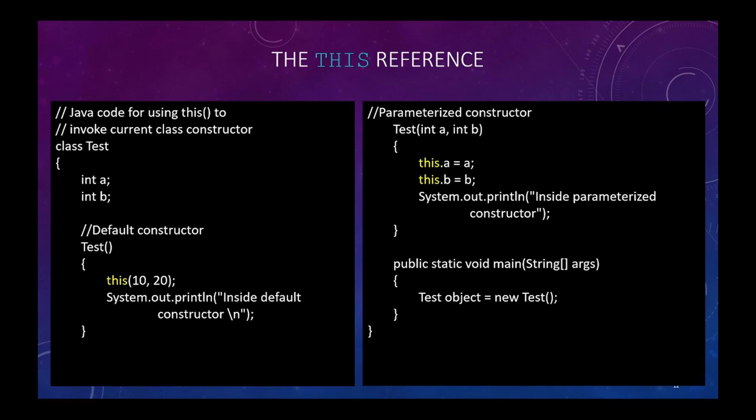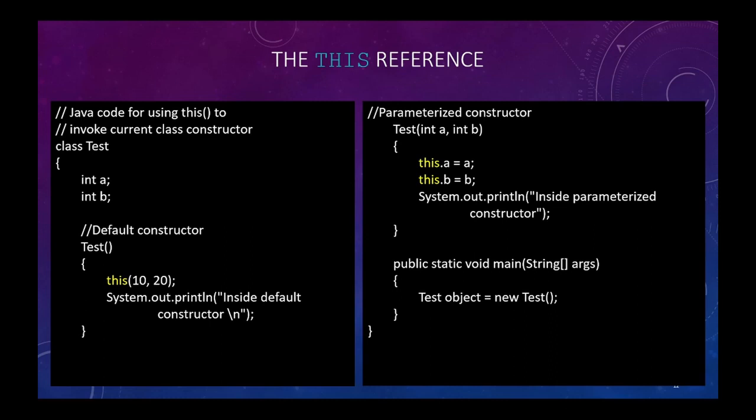The default constructor calls this with the values of 10 and 20. What that actually does is it's going to invoke the constructor that takes 2 parameters that are integers. So it's going to actually invoke the parameterized constructor that's on the right.